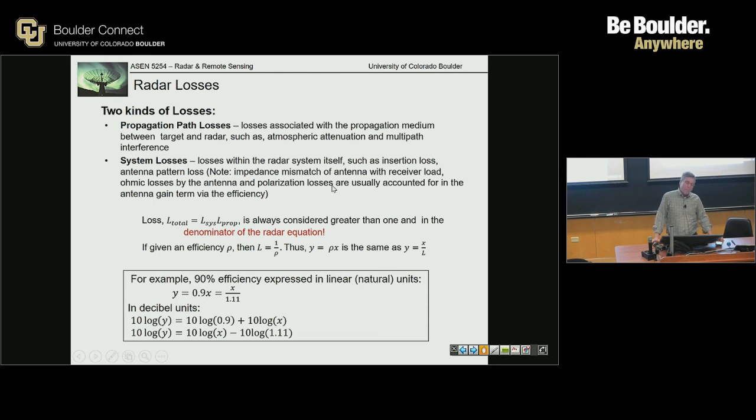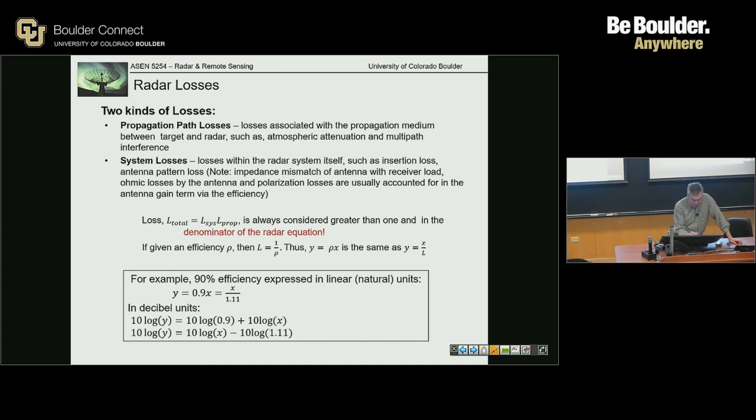I don't know if that statement's absolutely true in all cases, that mismatch is included in the gain of an antenna. It makes sense that it would not be. Usually gain is directivity times efficiency, and it's at the terminals. If you have an antenna, what is the gain at the terminals? Then if you have a mismatch, that's outside of the antenna. It's the power that gets injected into the antenna.